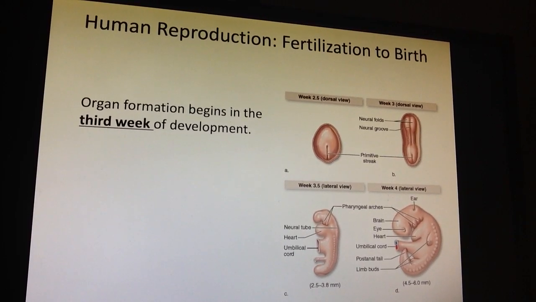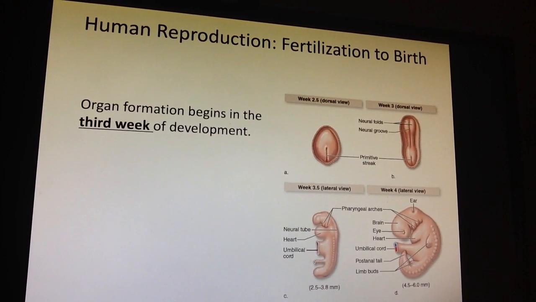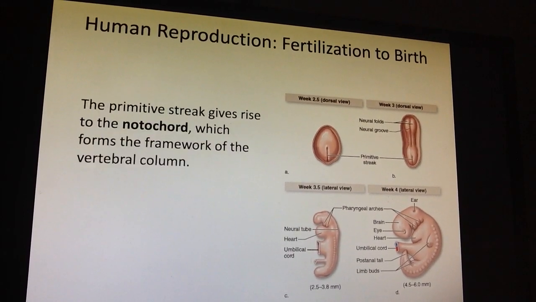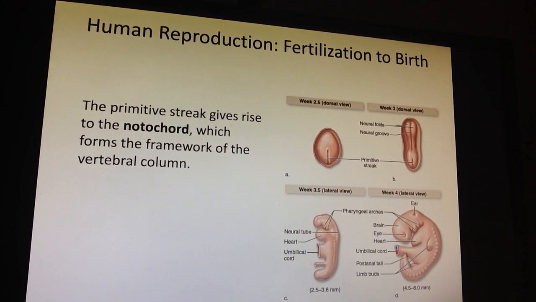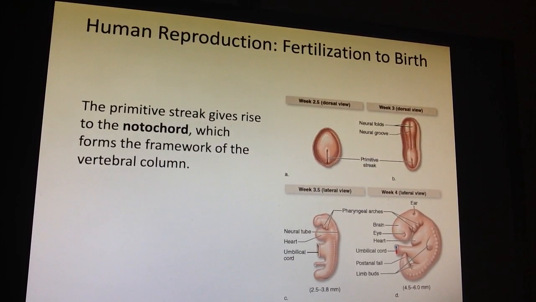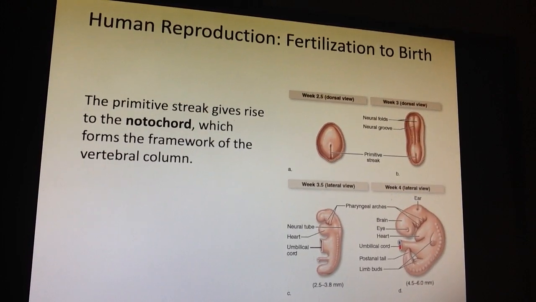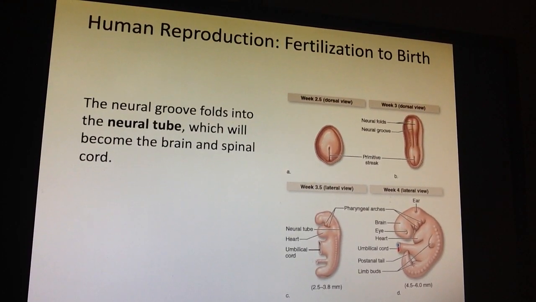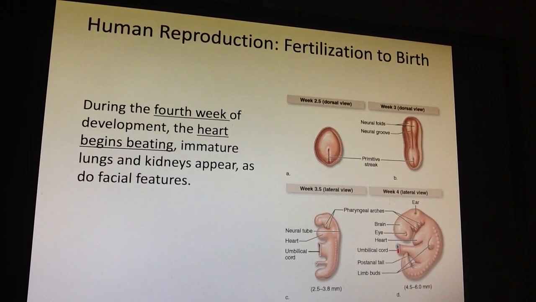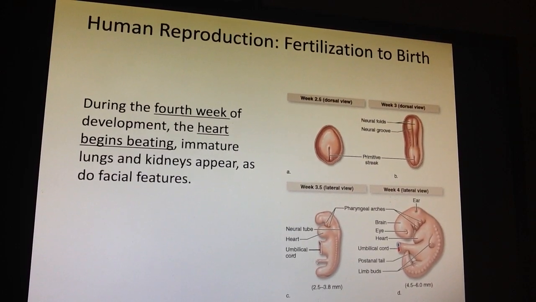So what you do on a regular basis makes a difference in terms of things like teratogens that cause birth defects. The notochord we'll talk about in chapter 21 again, but it will become the vertebral bones. The neural tube will become the spinal cord, and by the 4th week, the heart begins beating. So that's pretty powerful.